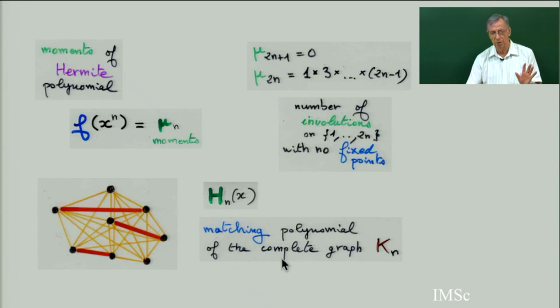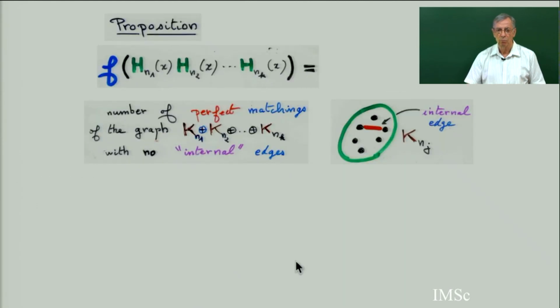Matching, so this is all I need: the definition of the matching, and the definition of f. f is defined by this, and from this definition, I am going to prove the following proposition. Proposition: f of the product of any Hermite polynomials with indices n1, n2, up to nk is explicitly equal to the number of perfect matchings of the graph, the sum of all these graphs, K_n1, K_n2, up to K_nk.